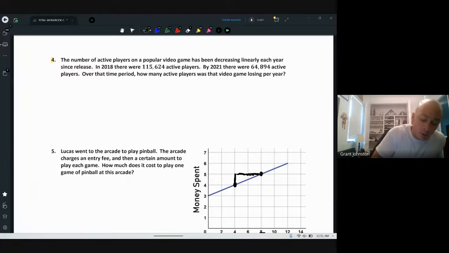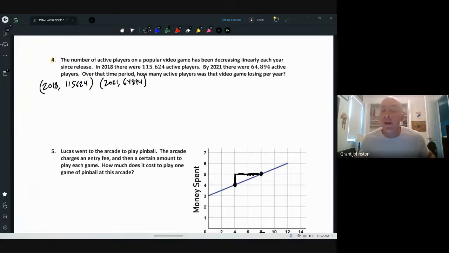In 2018, it was 115,624. And then in 2021, 64,894. So that's a period of 3 years, right? 2018 to 2021.